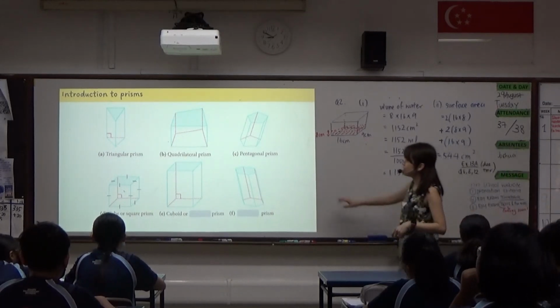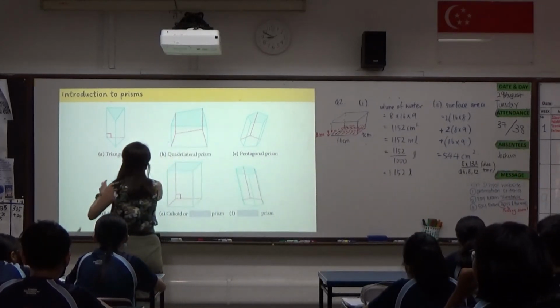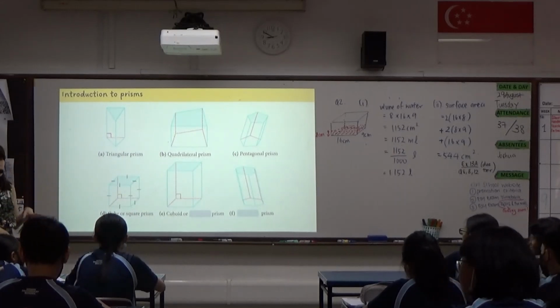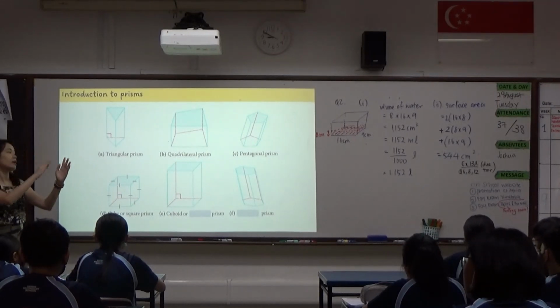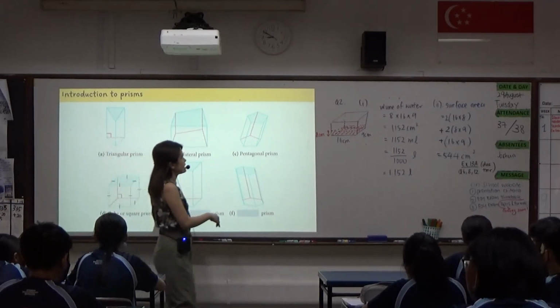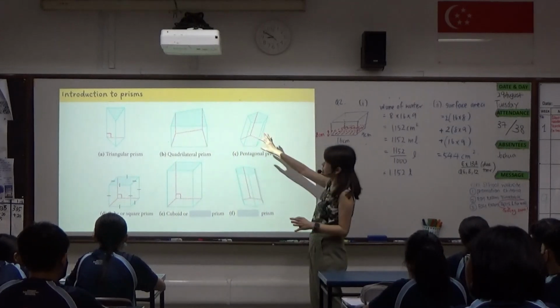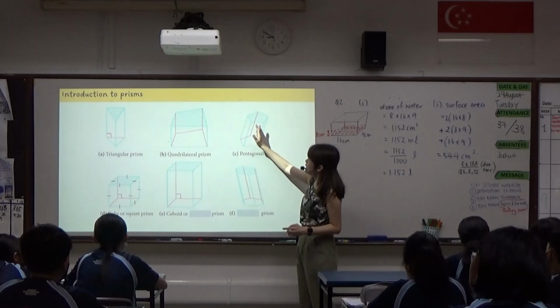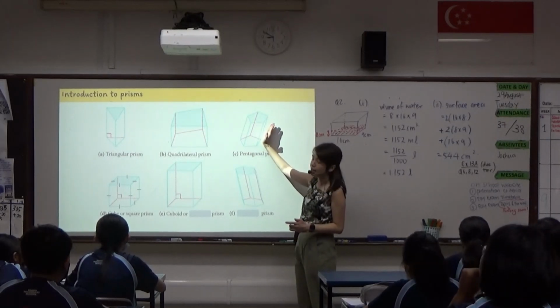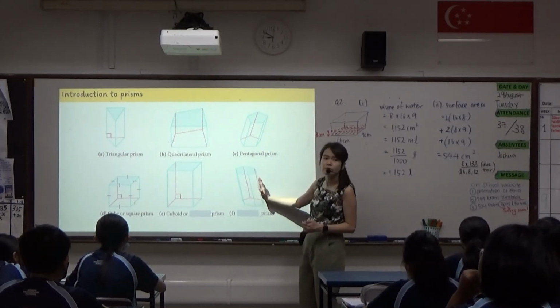Introduction to prisms here. Okay, in our syllabus, the base here is the pentagon, and then you notice that it is leaning to one side. Likewise, for this one, it is also not right.